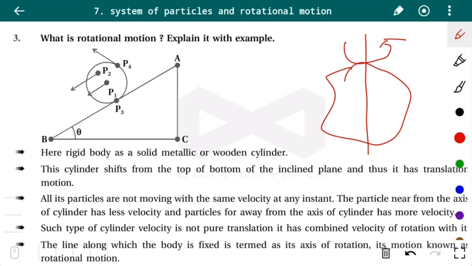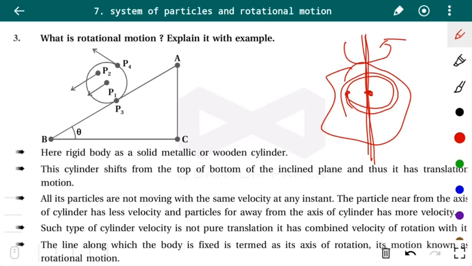This is called the rotational axis. If we choose this particle, then along with the rotation of this body, this particle is also rotating, and the path of its motion is circular. The center of this circle will be on the rotational axis.